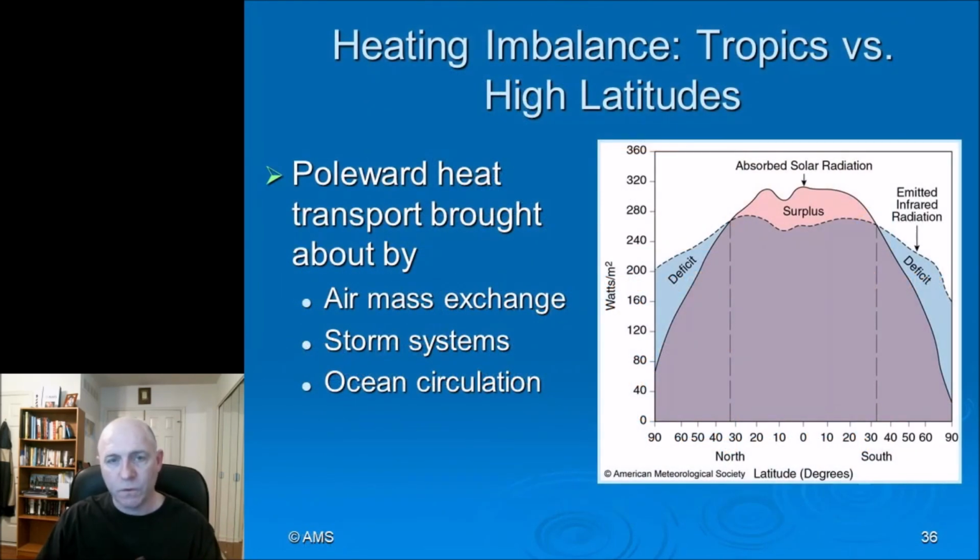So when you look at that, and also look at things like ocean circulation, how air masses move around, how storm systems move around, you get a surplus of heat energy, surprise, surprise, near the equator, and a deficit at the poles. So the poles end up being colder and the equator ends up being warmer.